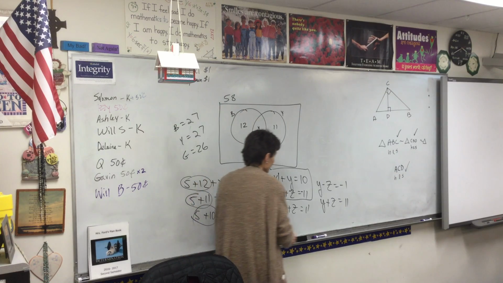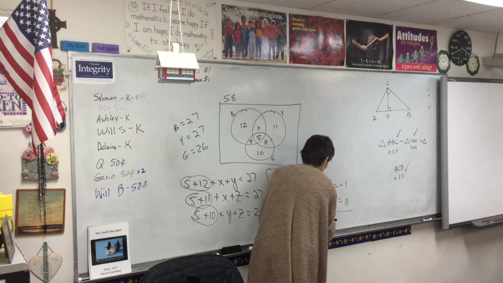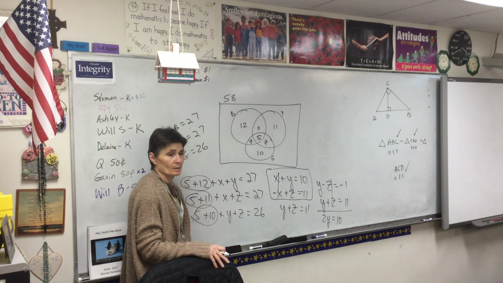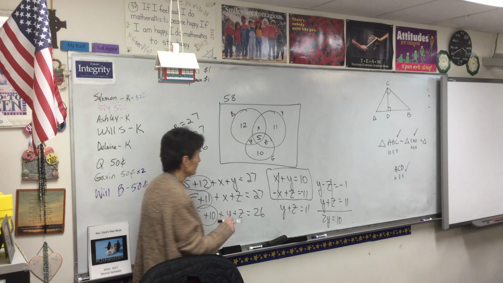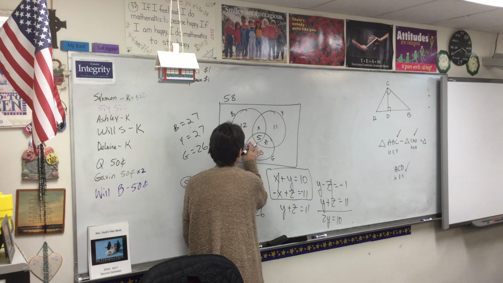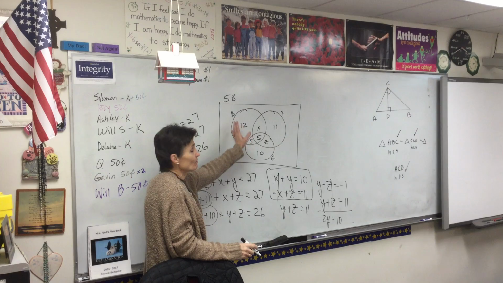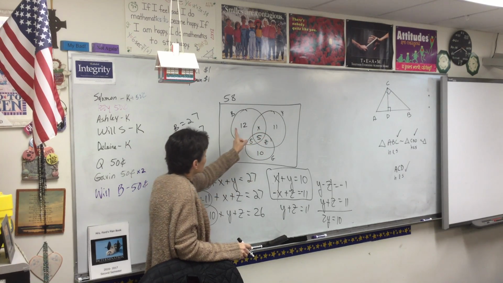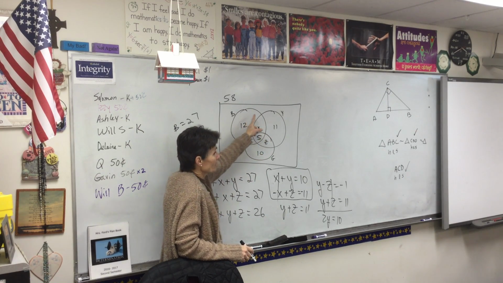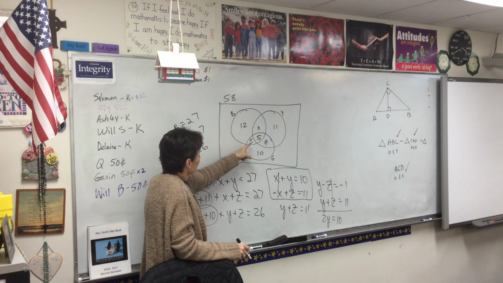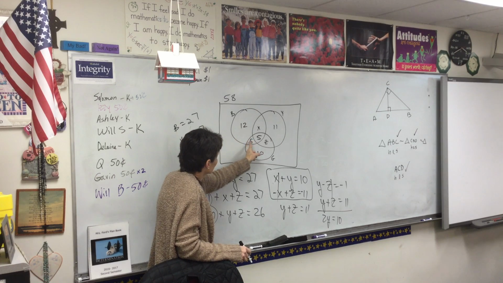Well, now I can add those together. So 2y equals 10, which means y equals 5. And the minute you put a 5 there, everything else is automatic. Because what do we know about this circle? Has to add up to 27. Well, what do you have right here?